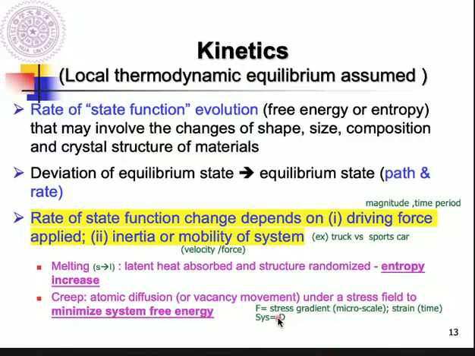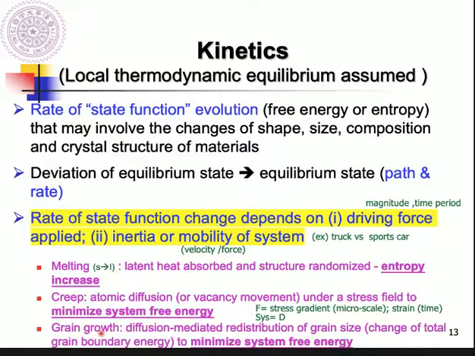For example, FCC, BCC, HCP: the diffusivity of the atom going through FCC, BCC, HCP will be different. And also, the atom moving through the grain or through the grain boundary is definitely different. So the diffusivity would be the inertia of the system or of the material here.